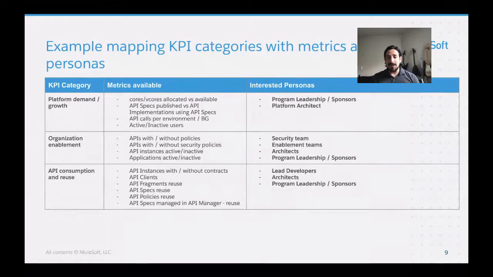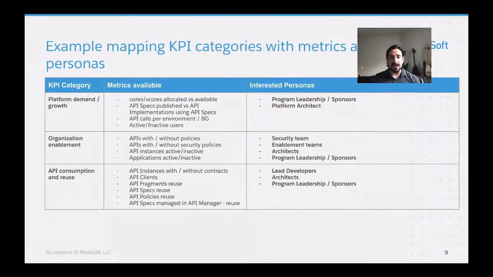Sometimes these numbers are really important for the program leadership and sponsors because they can understand the capacity that you have left in your organization and invest some money to get more vCores, for instance, or for the platform architect to be able to support the demand of developments, right?